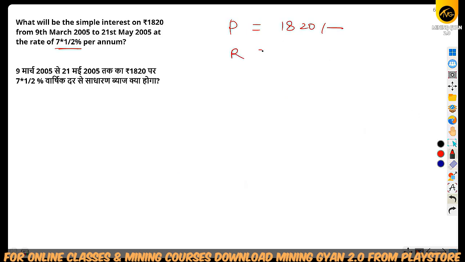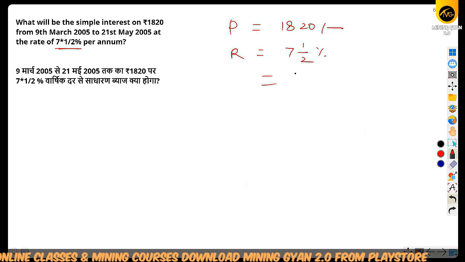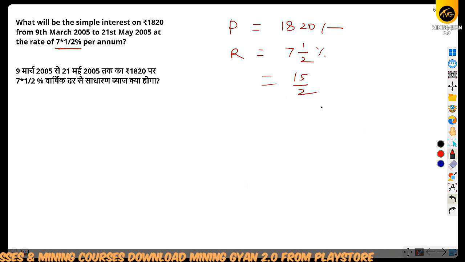Now the rate of interest is 7 into 1 divided by 2%. So just simplify it into a simple fraction, that is 15 divided by 2. So basically this is the rate of interest, 15 divided by 2, or you can say 7.5% rate of interest.